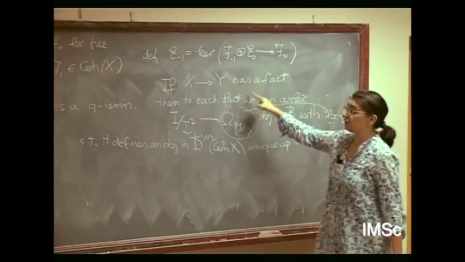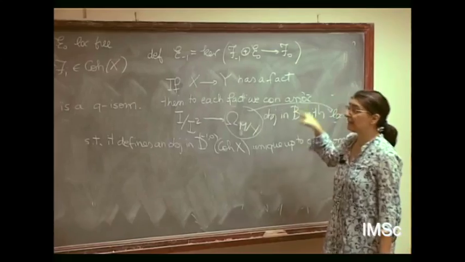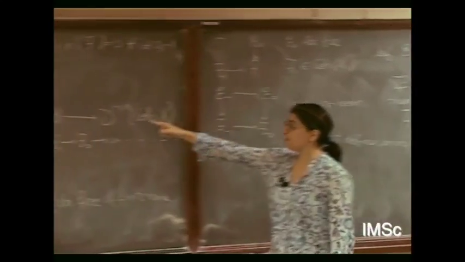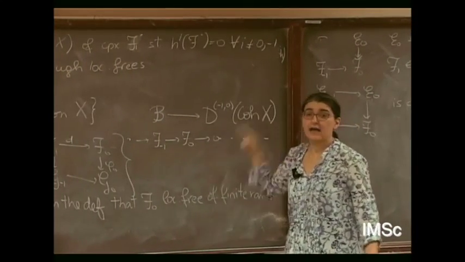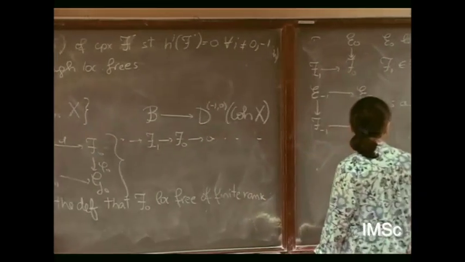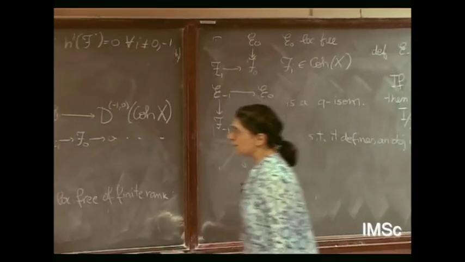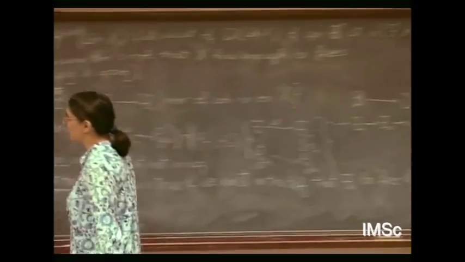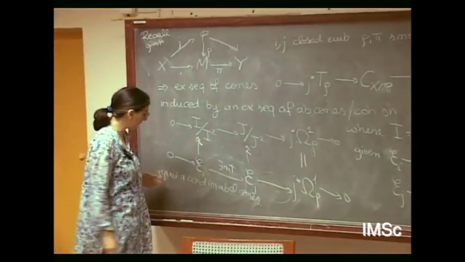So to each factorization I get an object in B, and then I have a map from B to this guy here, and it's the object here which is canonical.